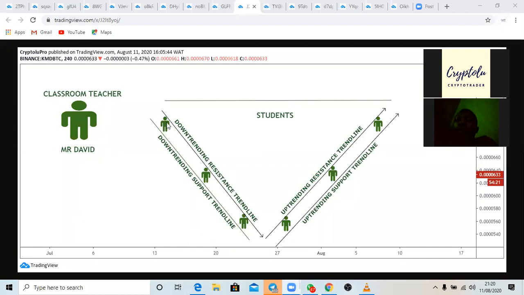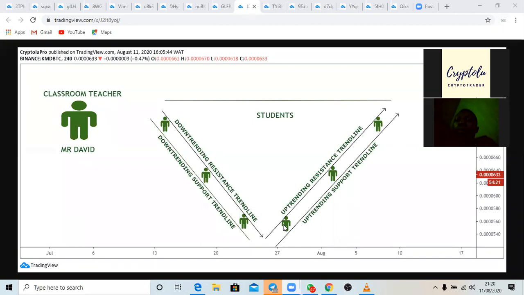The first student tried to break through the line but couldn't. The second student tried to break through but couldn't, but it was showing sign of weakness already. The third student tried to break through but couldn't. But the fourth student was the one that was able to break out. That was why the teacher placed him outside the line.